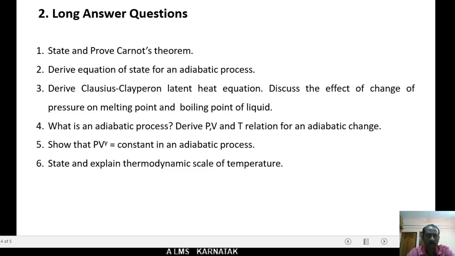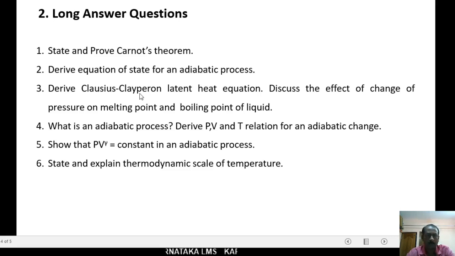Write down the diagram and prove it. That carries 4 marks. Next question is derive equation of state for an adiabatic process. Here you should derive the expression PV to the power gamma equals constant. That carries 4 marks.